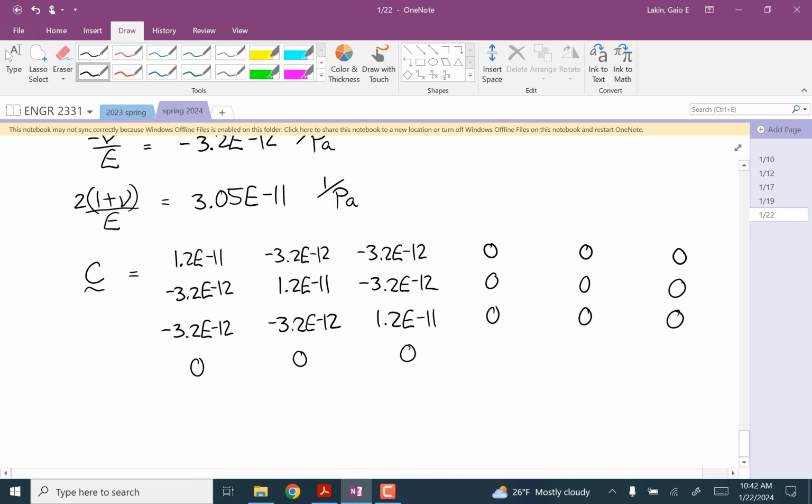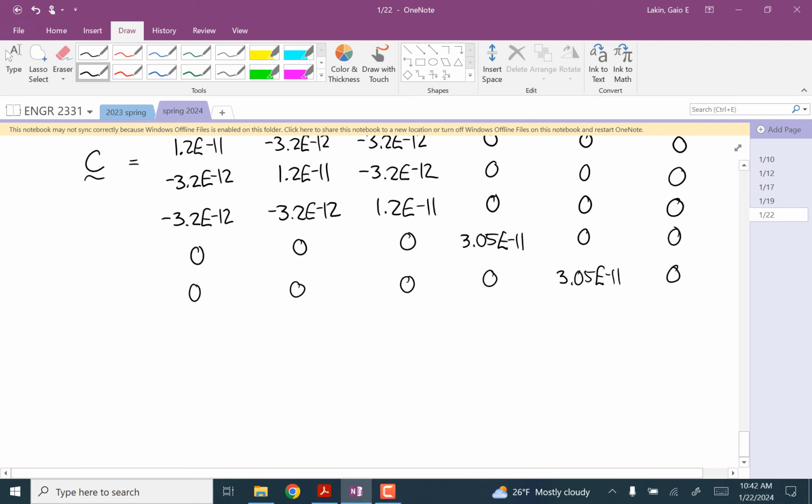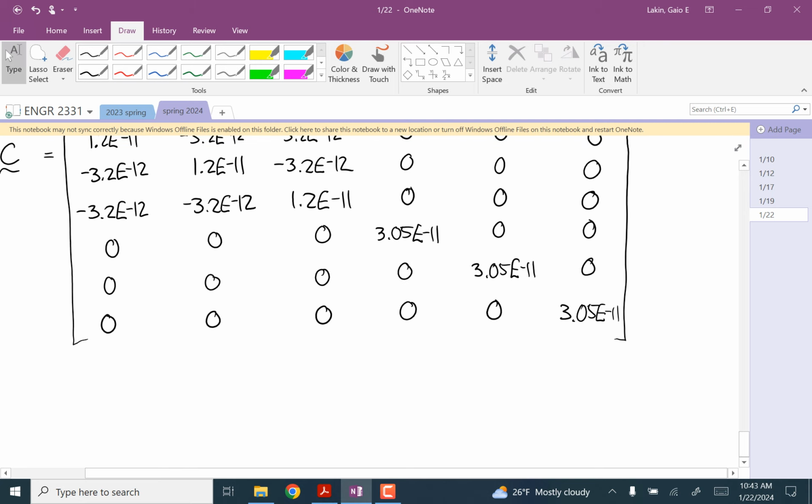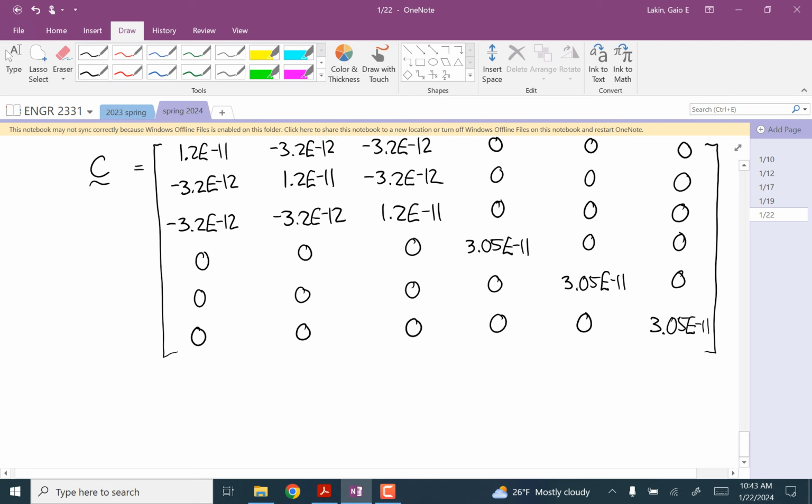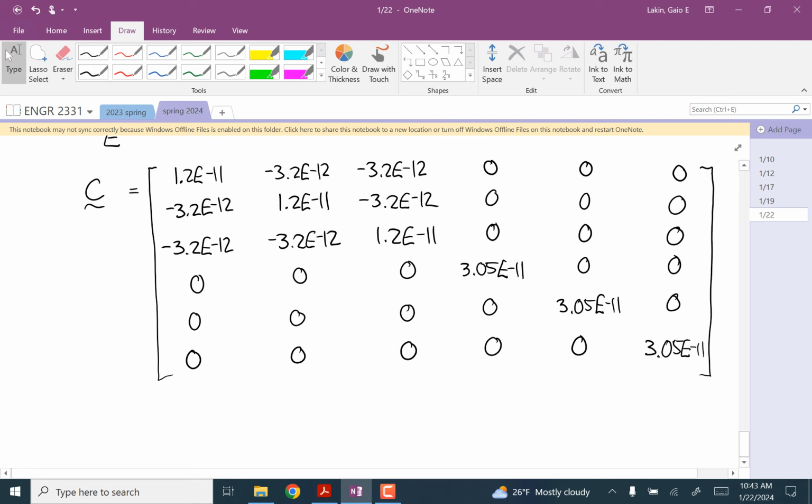And then the thing that keeps moving along in the last three rows is 3.05 times 10 to the minus 11. So there's the compliance matrix.